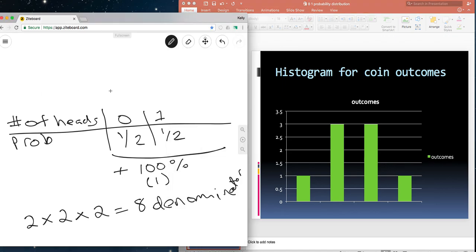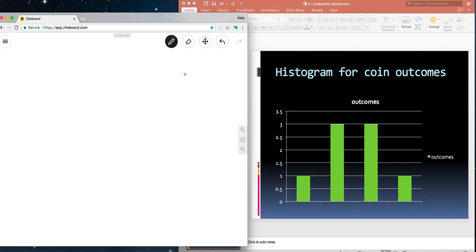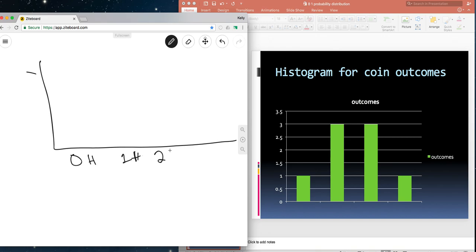Another way you could have done that chart was based on probability. So once again, if I wanted to create my chart again, a new table, if I said 0 heads, 1 head, 2 heads, and 3 heads, 1 out of 8 is 12.5%.